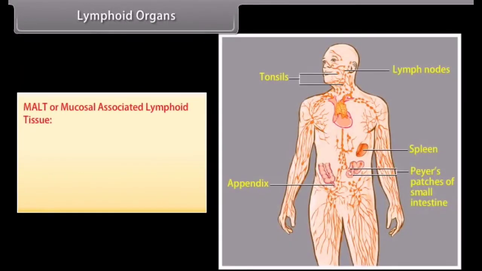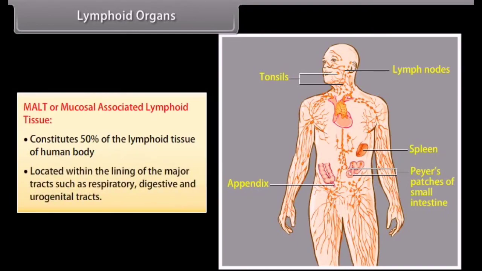MALT, or mucosal associated lymphoid tissue, constitutes 50% of the lymphoid tissue of the human body. It is located within the lining of the major tracts such as the respiratory, digestive, and urogenital tracts.